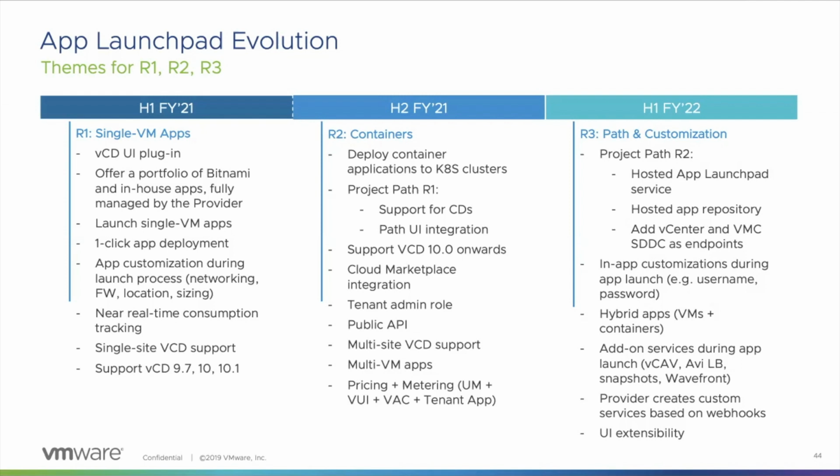As well as that, tighter integration with the cloud marketplace and supporting a public API for all of the provider and tenant functions. Then when we look further to the future, we are looking at Project Pacific integration. So you may know about the Project Pacific work that the CPSBU has been working on, and App LaunchPad will become part of the overall Pacific story as well.